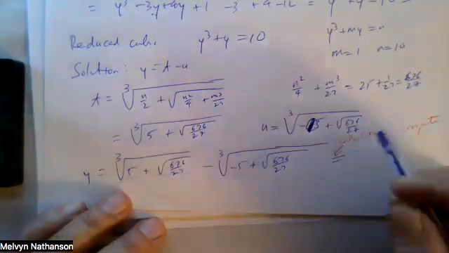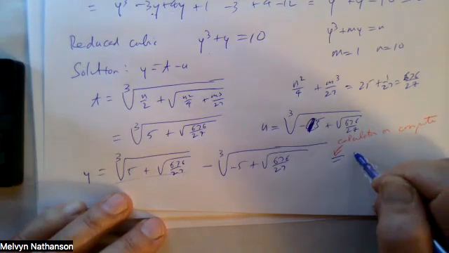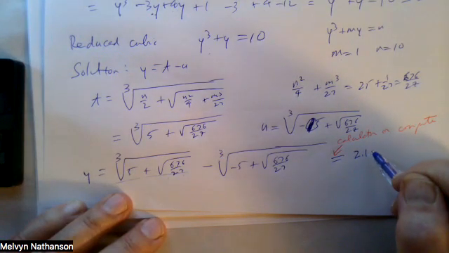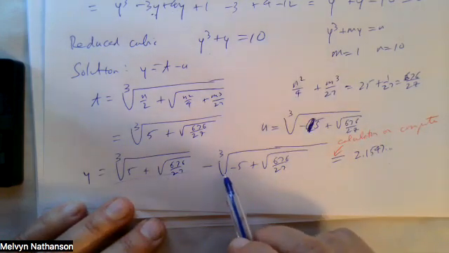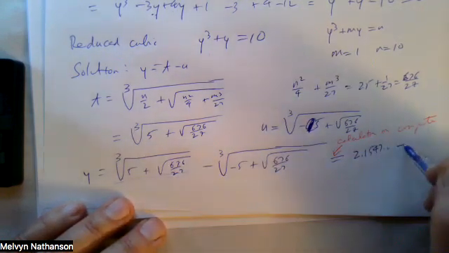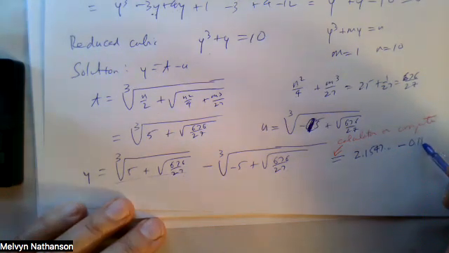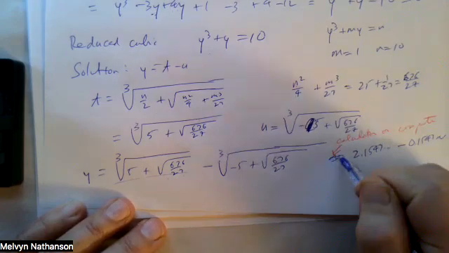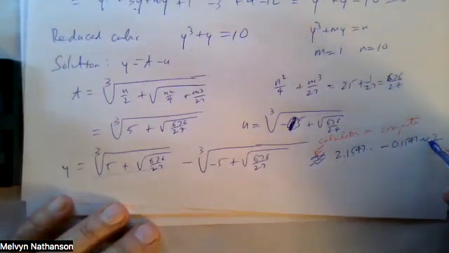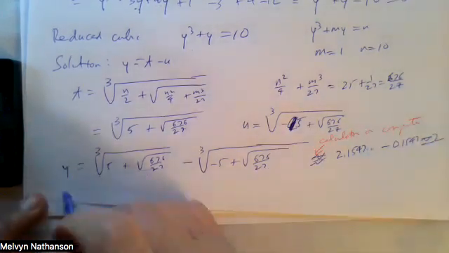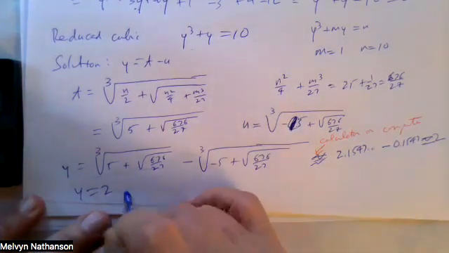So this is roughly 2.1547. And this is 0.1547. So we get, every decimal approximation is an approximation, y equals 2.